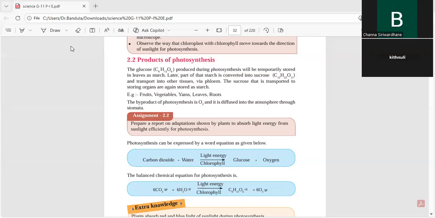Keep a one rule. Number two, what is the form of carbohydrate?